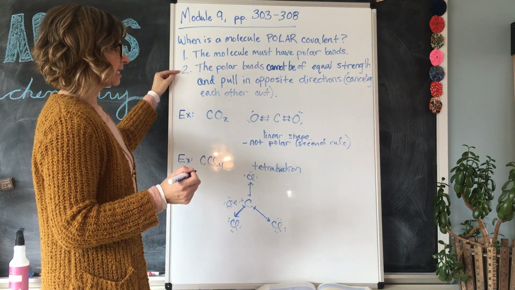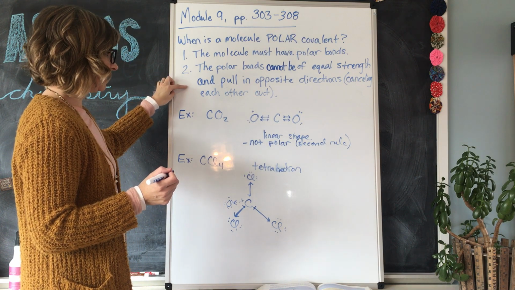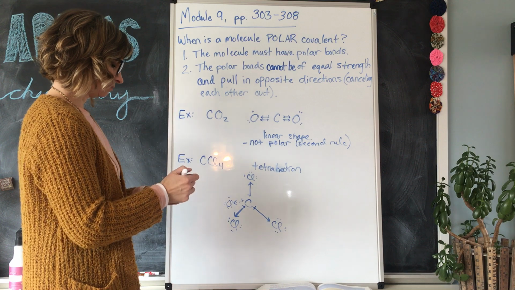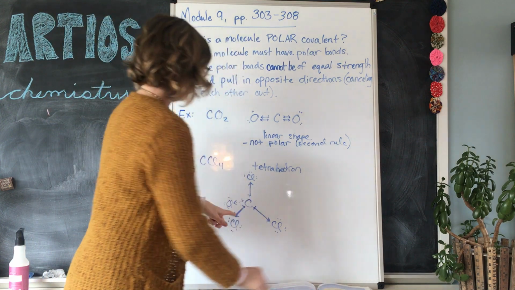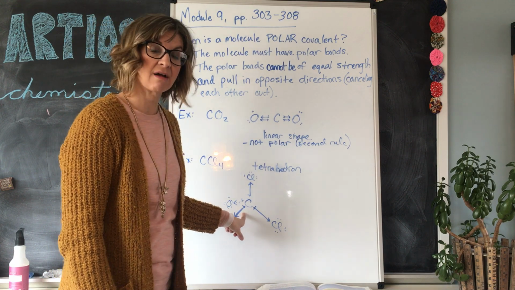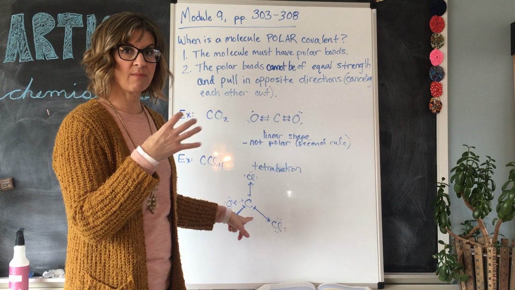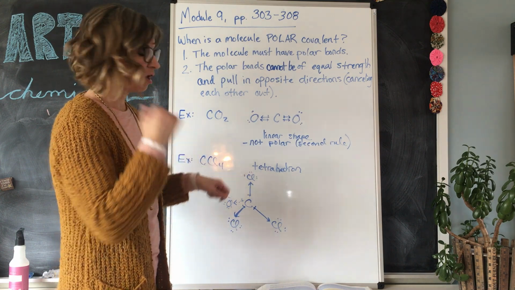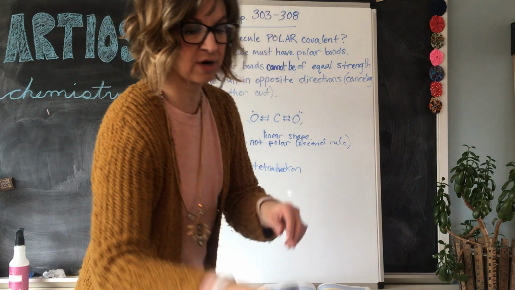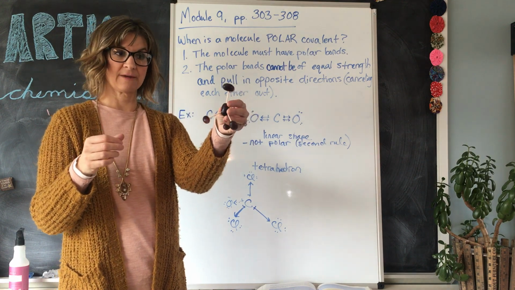The polar bonds cannot be of equal strength and pull in opposite directions. Are these bonds all of equal strength? Yes, they are, because they're all chlorine to carbon bonds. So they're all pulling that same strength. Here is an example of a tetrahedron, this time made with grapes.